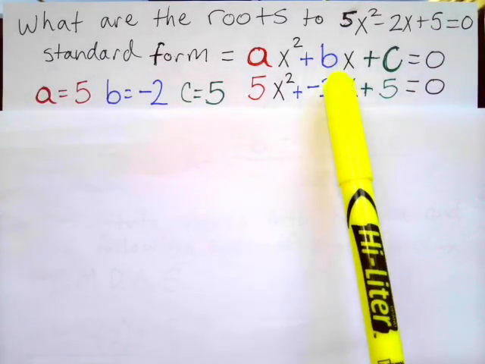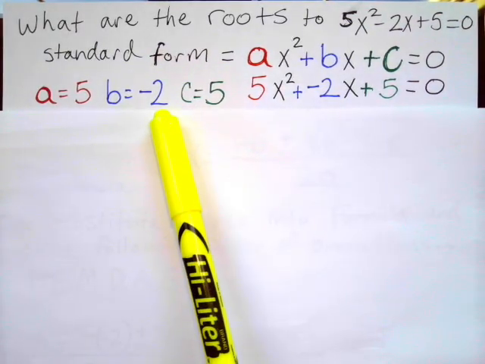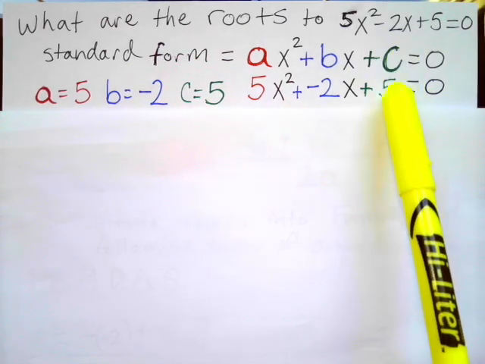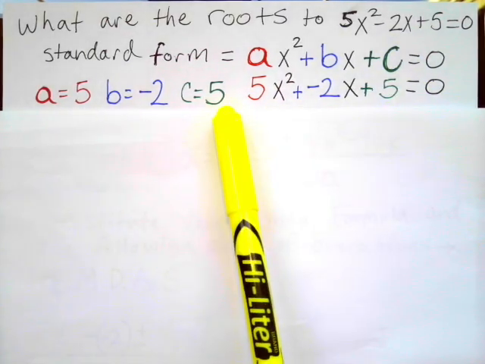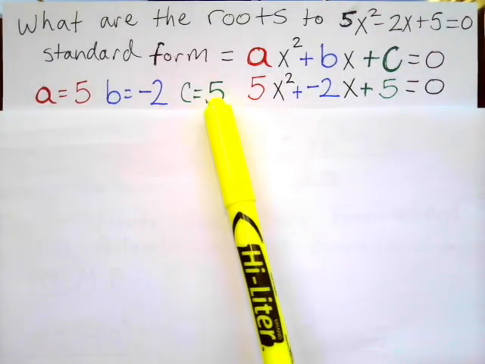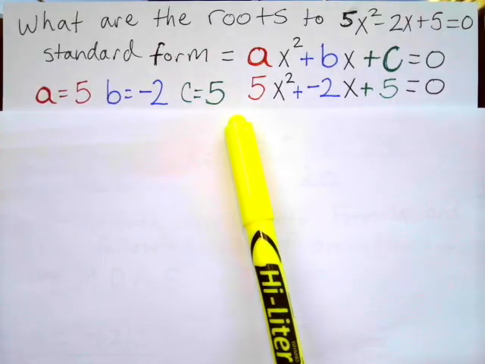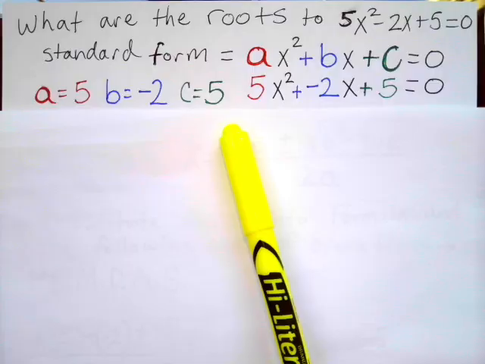Negative 2 is represented by the B. So I'm going to label B equals negative 2. And the constant, the number all by itself here, is our C value. C equals 5.